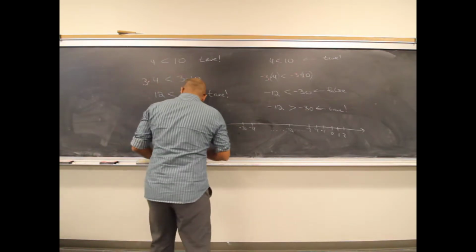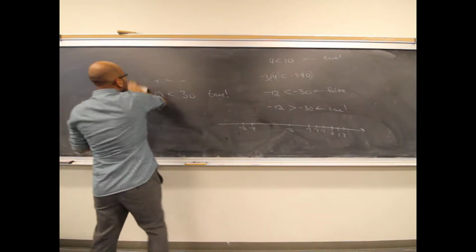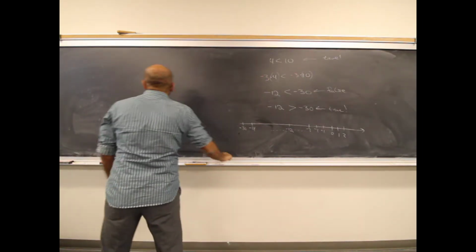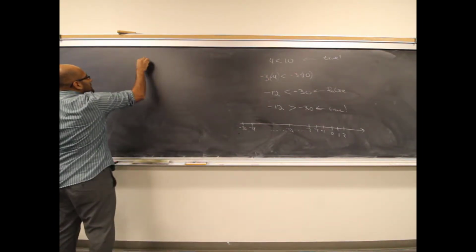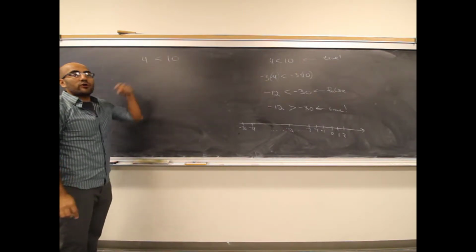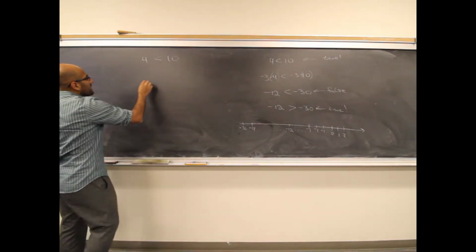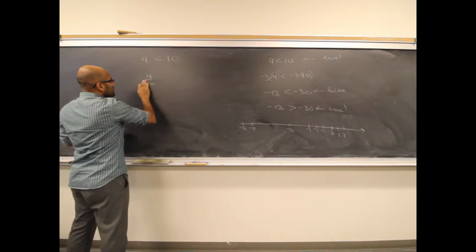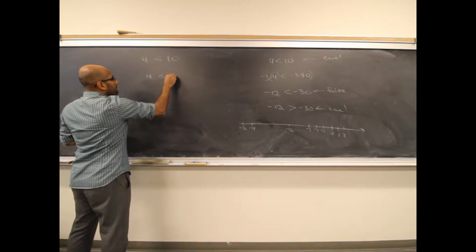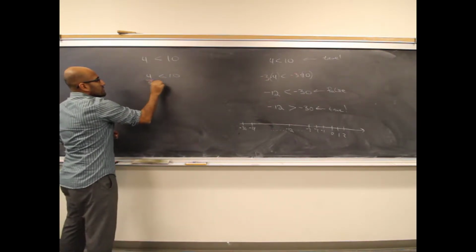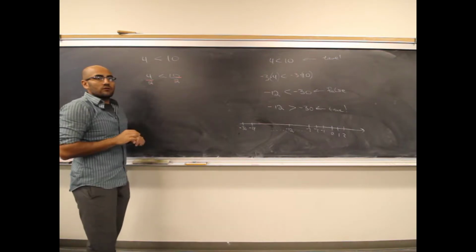Okay, so one more thing to keep in mind. Multiplication and division are closely related, and so it's really the same rule. So for instance, if I have this again, you could choose to divide both sides by 2. I could decide to divide this side by 2, decide to divide this side by 2.